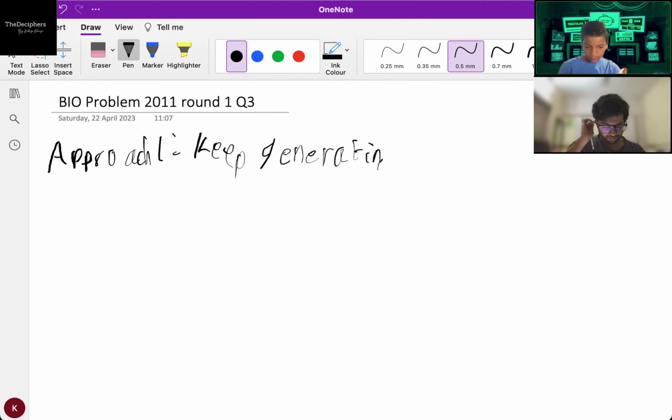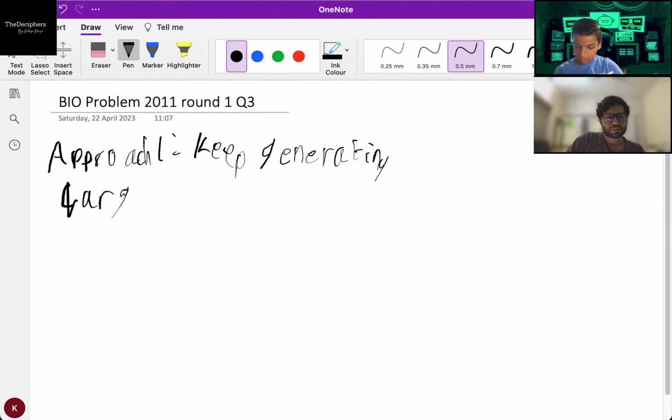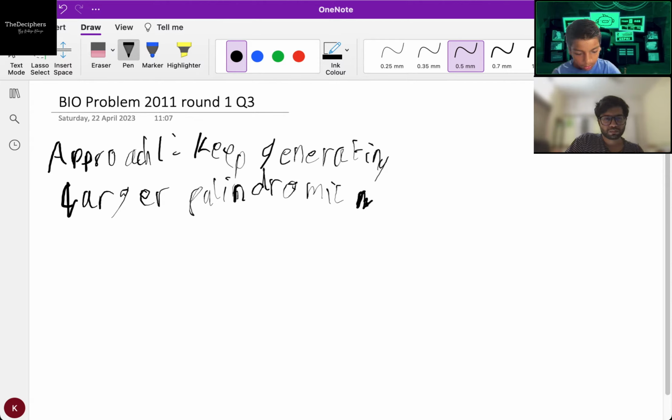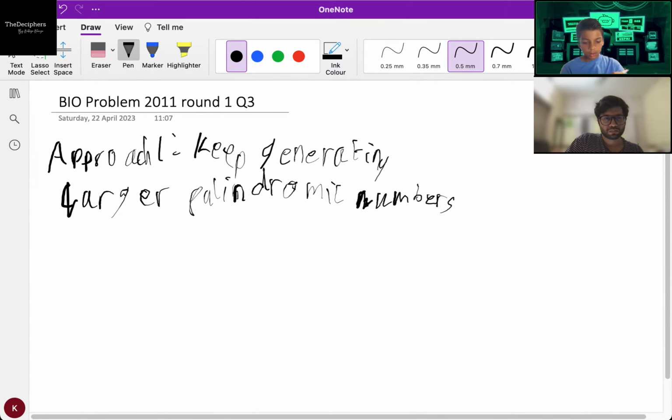Keep generating larger palindromic numbers until we reach n.